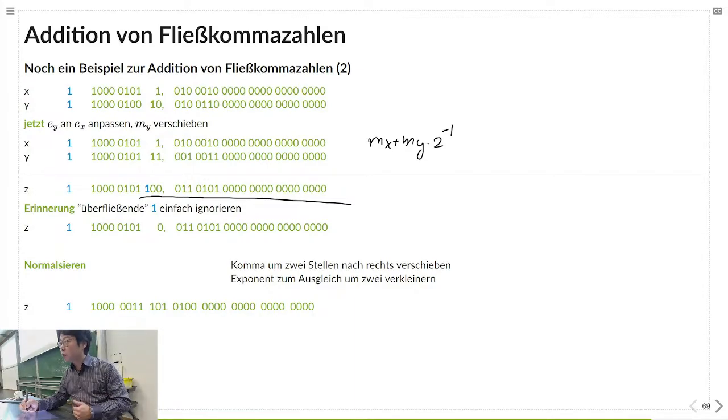Let's count how many zeros we have. 1, 2 zeros, and then we see a 1. We need to shift to the left with 2 bits. So Q is 2. And then MZ is shifted with that 2.